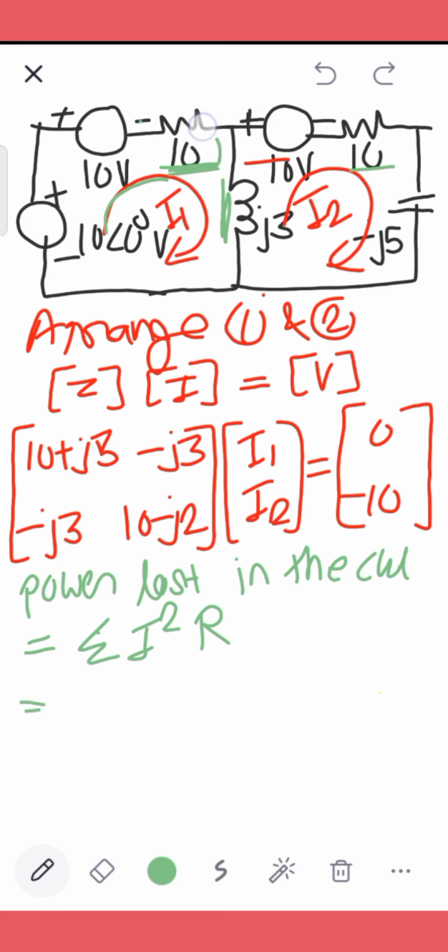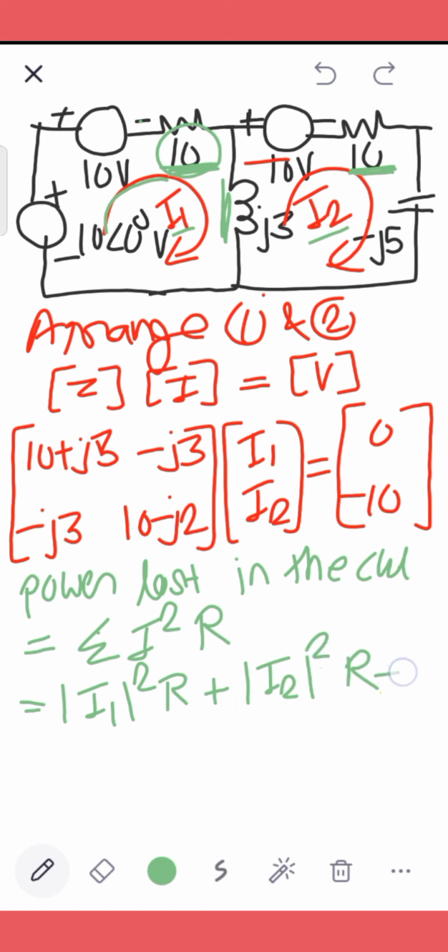The current flowing through this 10 ohm is I1 and the current flowing through this 10 ohm is I2. So the equation will be magnitude of I1 square into R plus magnitude of I2 square into R. That means we have to determine I1 and I2.